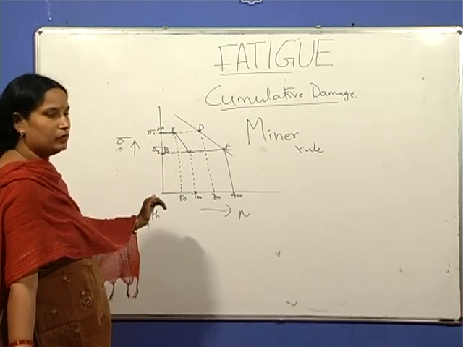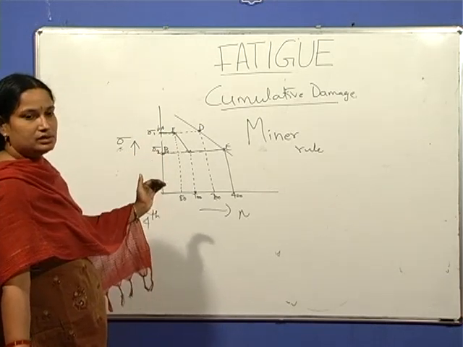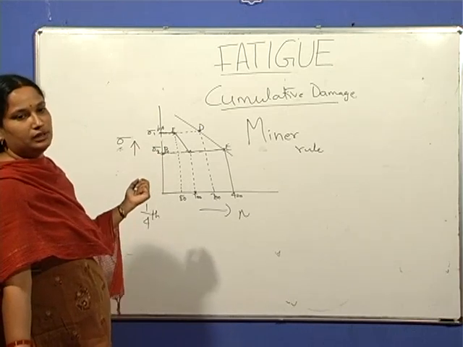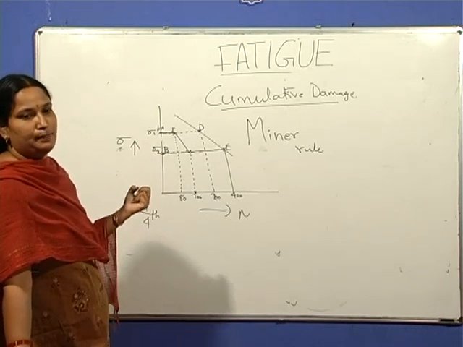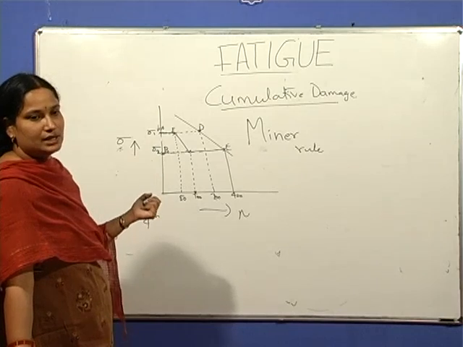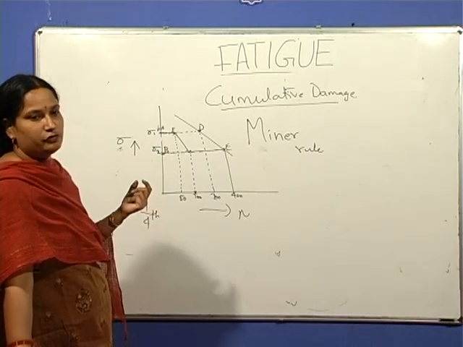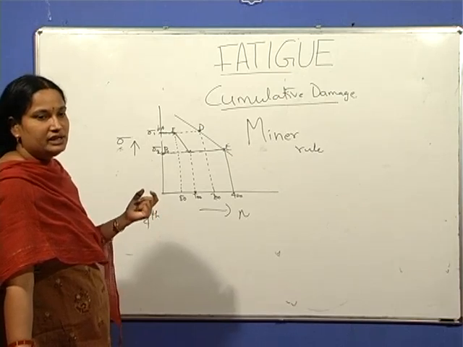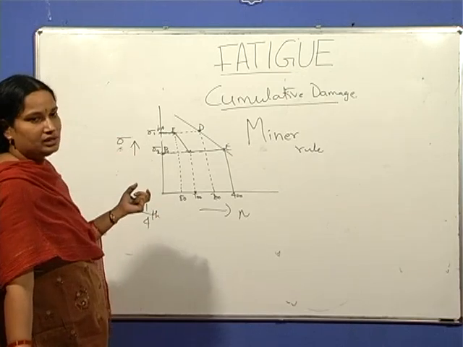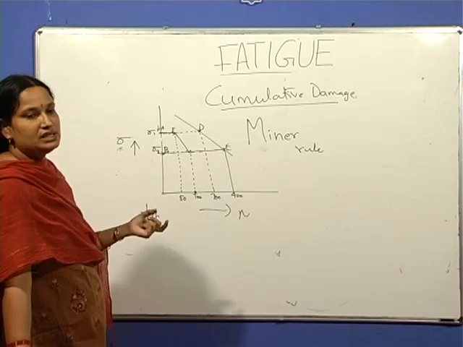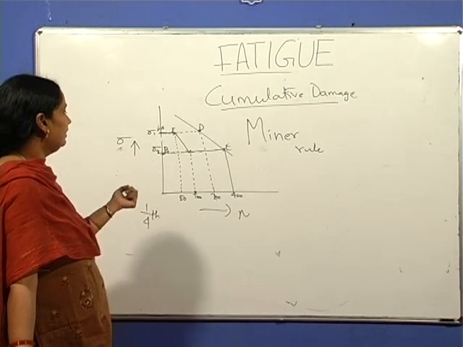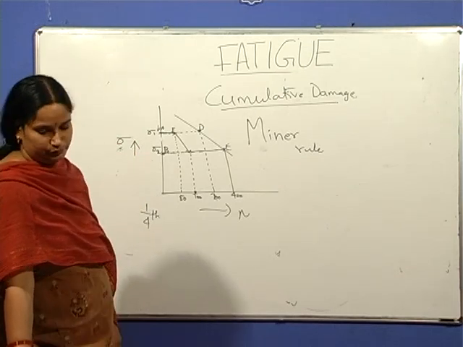When the stress is lowered, then 1/4 of the life of the specimen is consumed. The percentage of damage accumulated when it is stressed at sigma 1 is equivalent to the percentage of damage accumulated at sigma 2.